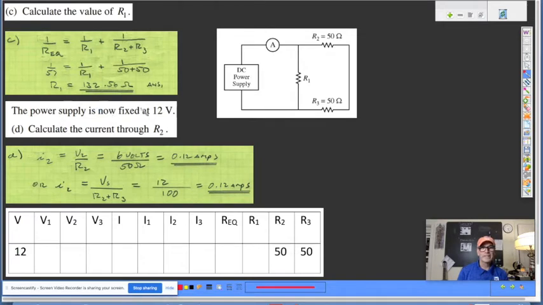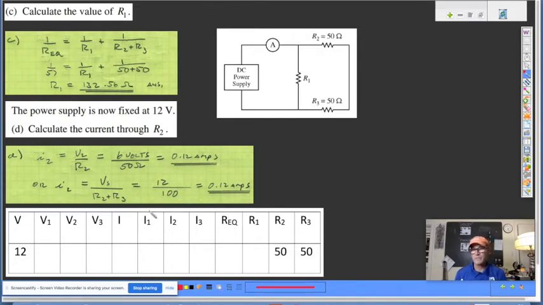The power supply is now fixed at 12 volts. Calculate the current through R2. Now notice that I have a chart here, and this helps me keep track of things. Sometimes I'll fill it out if I got a little time. I'm not going to fill the whole thing out. This problem has enough parts to it that you don't need to calculate everything.